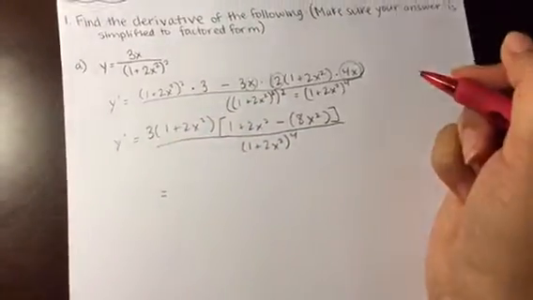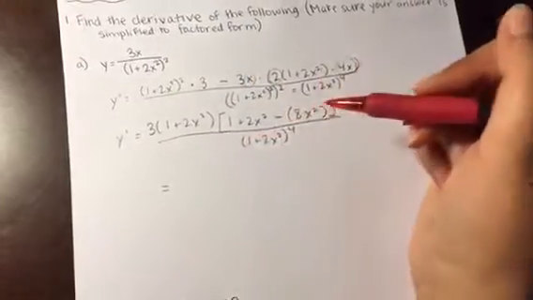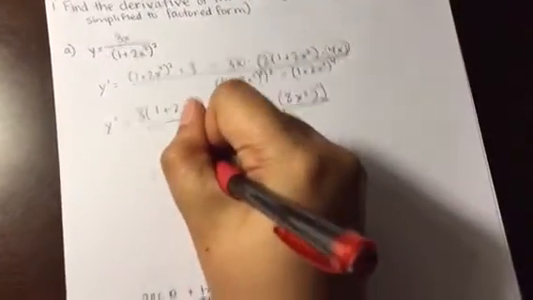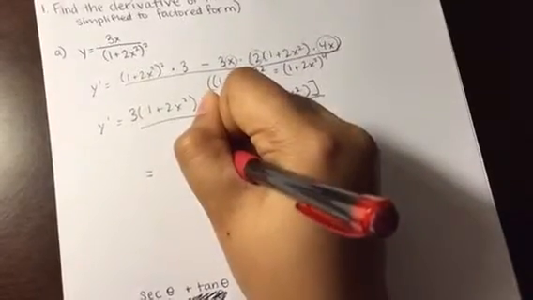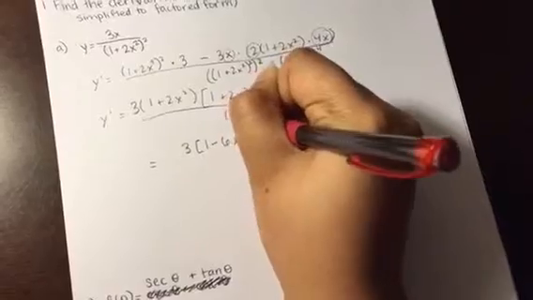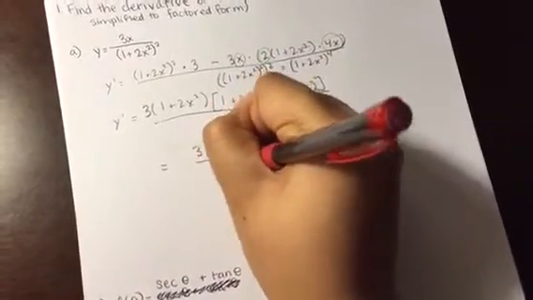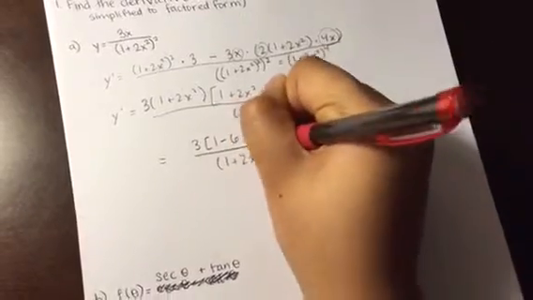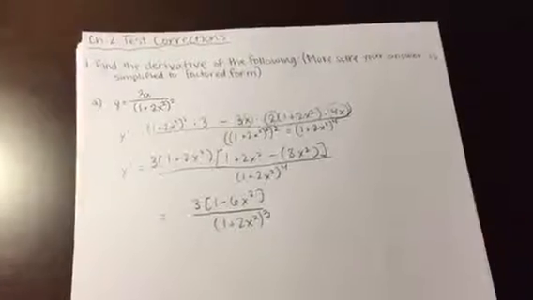Then from here, you can take these out so that you can reduce it, so that you'd have 3 times 1 minus 6x squared over 1 plus 2x squared to the 3rd power.